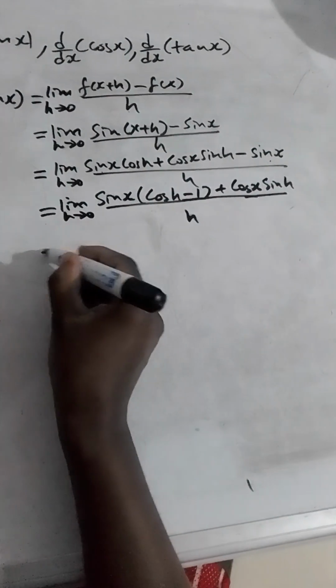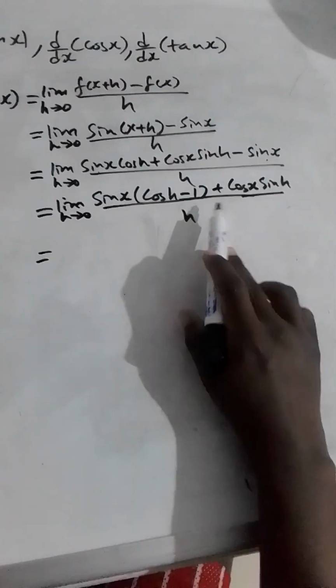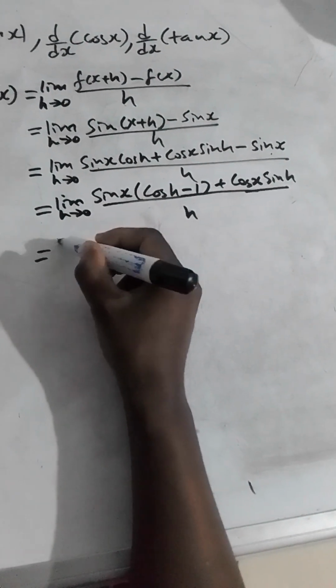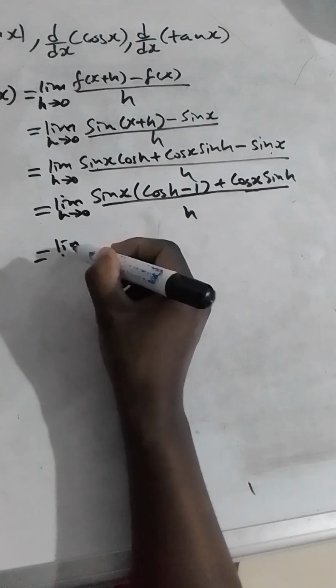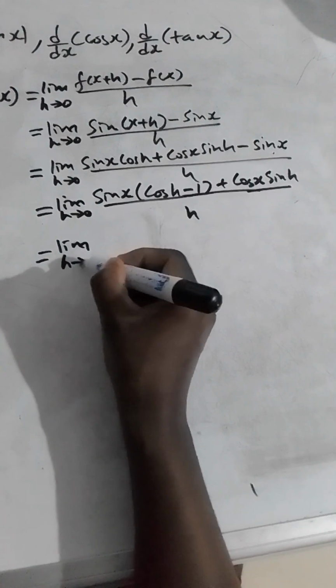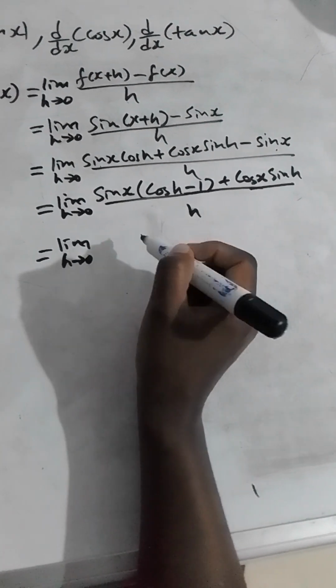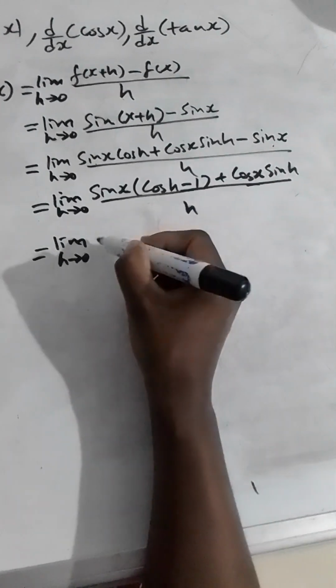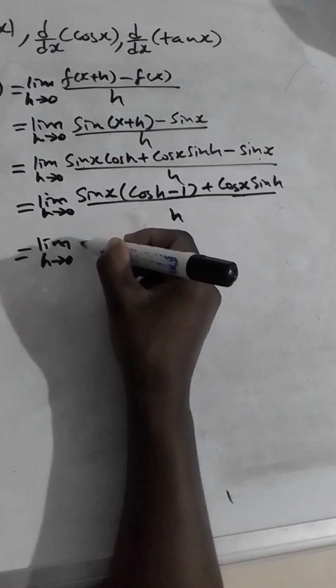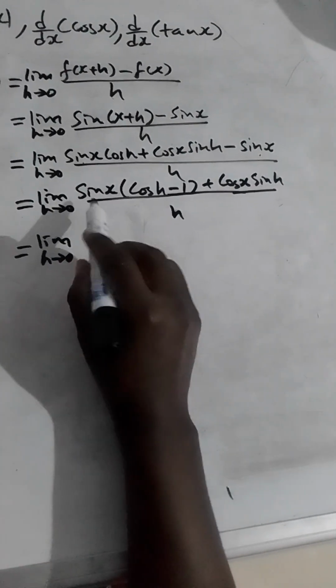Now, when this is like this, we can separate the two parts at the top into different fractions and distribute the limit. So here we assume that you know how limits work. The limit of a sum is the sum of the limits. Also, we see that the sine x doesn't have h in it.